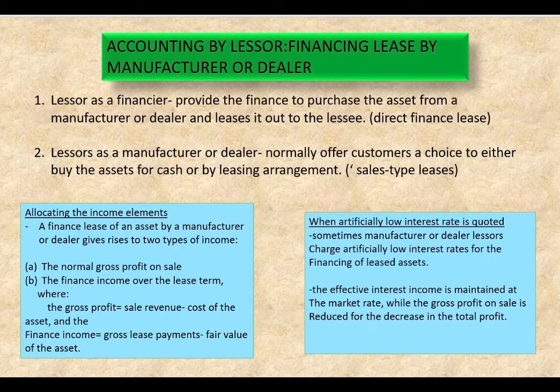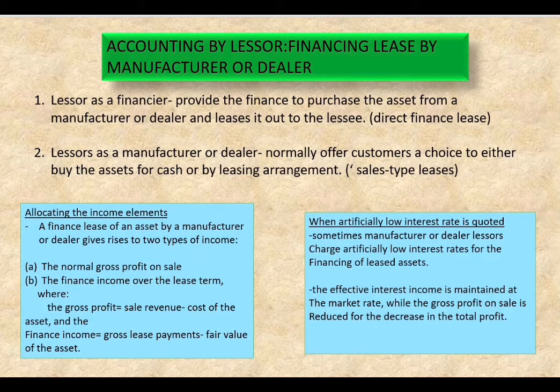A finance lease of an asset by a manufacturer or dealer gives rise to two types of income: the normal gross profit on sale and the finance income over the lease term, where the gross profit equals sales revenue minus cost of the asset, and the finance income equals gross lease payment minus fair value of the asset.